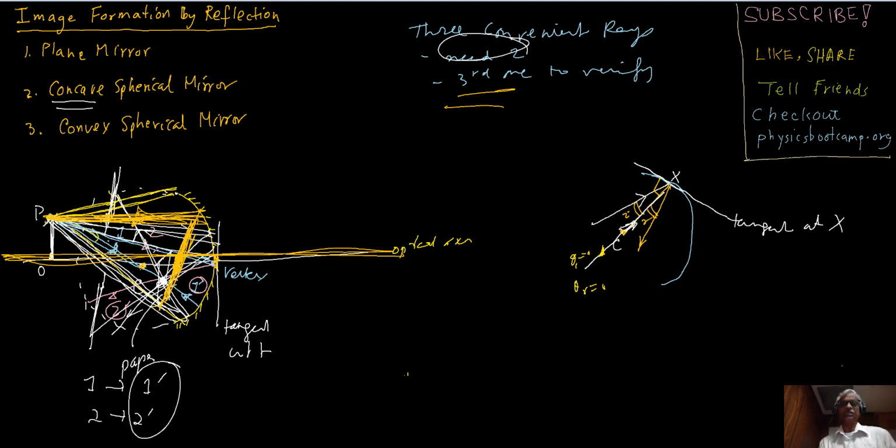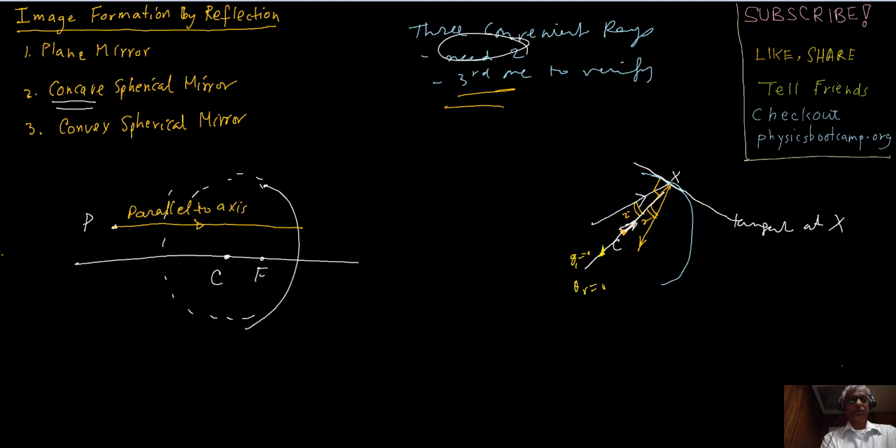So let me draw this out because it's a little crowded here. Take a ray parallel to the axis, and it will go through this point. For that point, there's only one ray parallel to the axis.